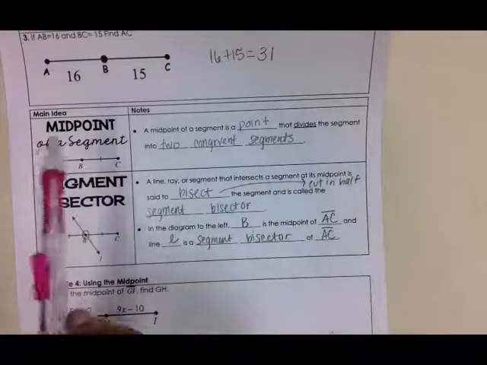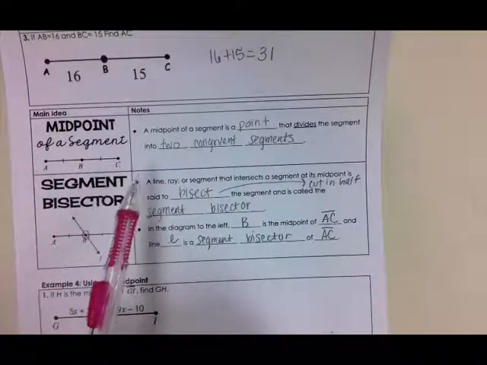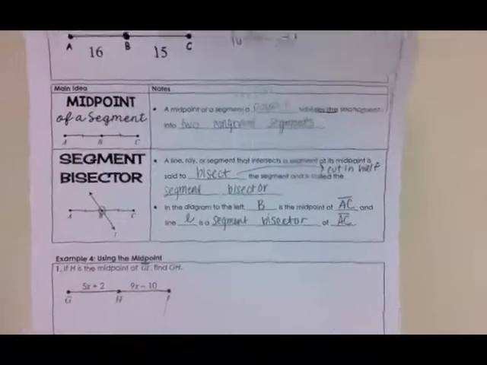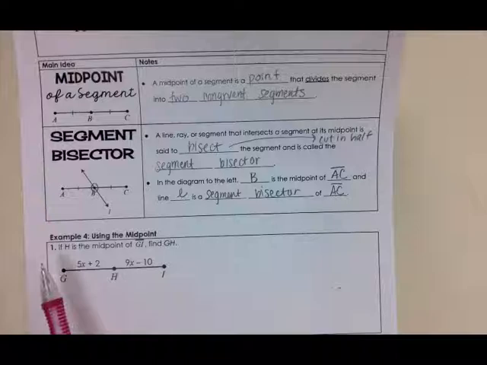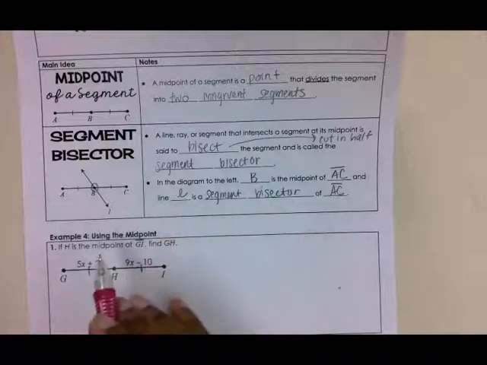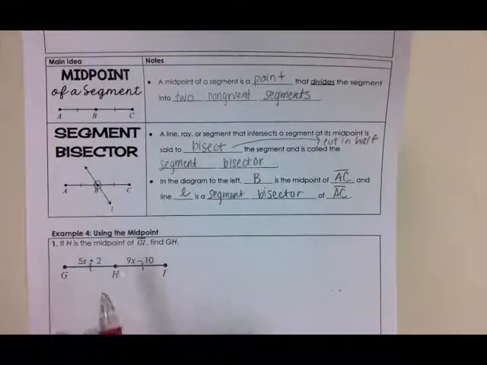So a midpoint is a point that cuts a segment in half. A segment bisector is a line that cuts a segment in half. So example 4 says H is the midpoint of GI. So H cuts this into two congruent segments. That's how I mark congruent. If both things have one line, that's congruent. So H is the midpoint of GI.